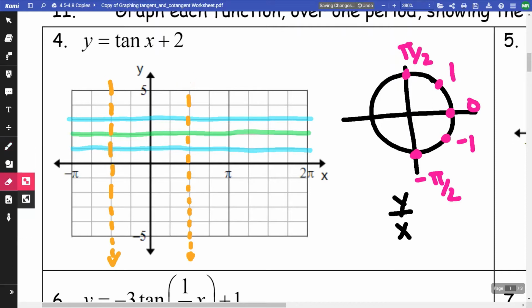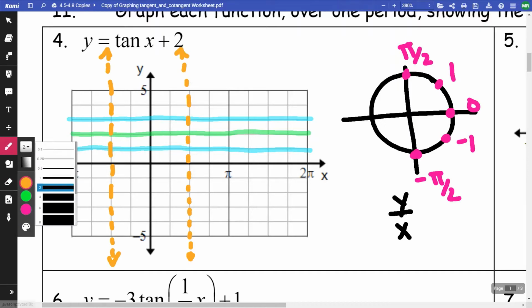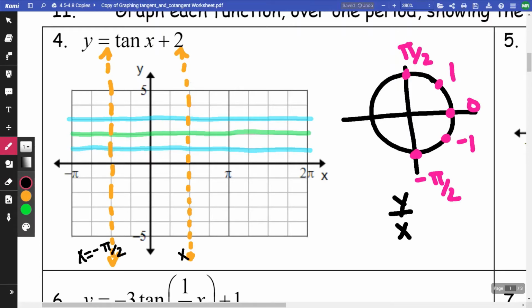I'm just going to extend this up a little bit. And the equations for those: x is going to equal negative pi halves, and x is going to equal positive pi halves. And then I am going to plot my points.